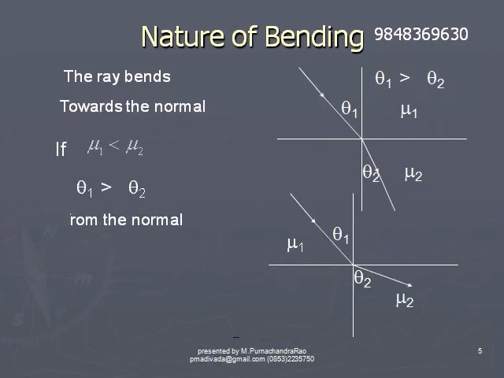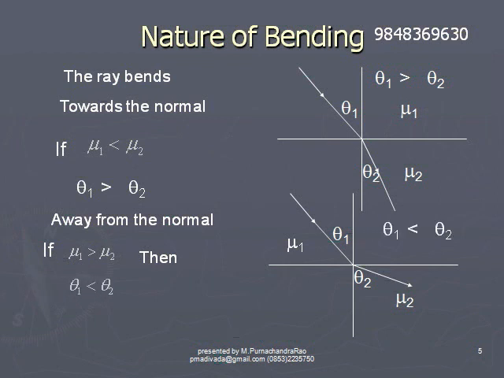Let us take the other case. The ray bends away from the normal if mu1 is greater than mu2. If the refractive index of the first medium is greater than the refractive index of the second medium, then the angle of refraction theta 2 is greater than the angle of incidence theta 1.